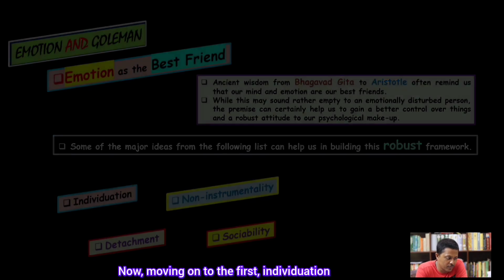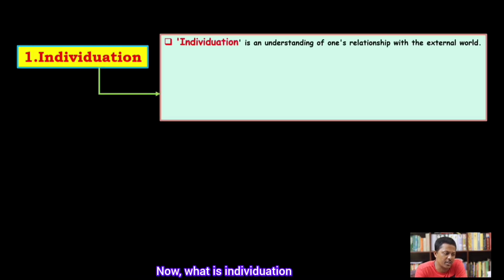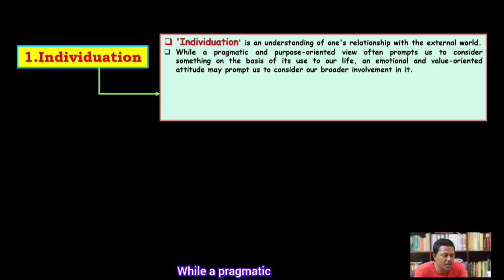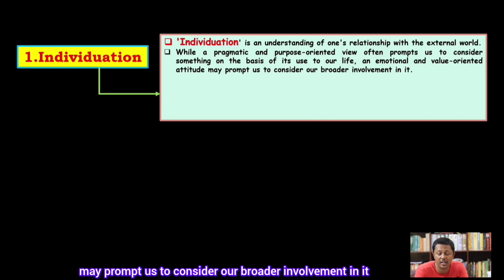Now, moving on to the first, individuation. What is individuation? Individuation is an understanding of one's relationship with the external world. This is a very straightforward fact. While a pragmatic and purpose oriented view often prompts us to consider something on the basis of its use to our life, an emotional and value oriented attitude may prompt us to consider our broader involvement in it.